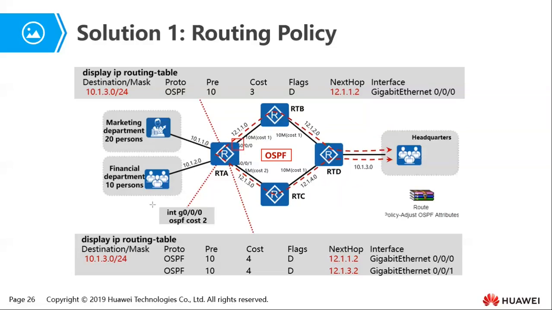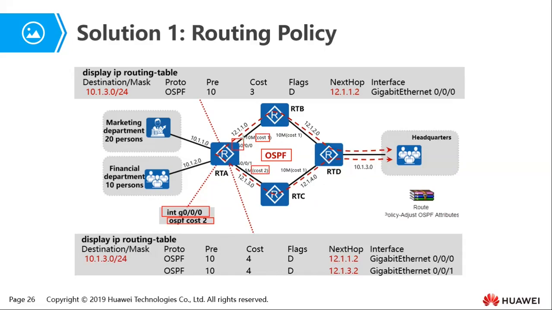So we simply go into that interface in RTA, G0/0/0, because right now it has a cost of 1. But we can go into the interface and specify the OSPF cost. I'm sure you've seen this before. So OSPF cost 2, so that it has the same cost as this one.